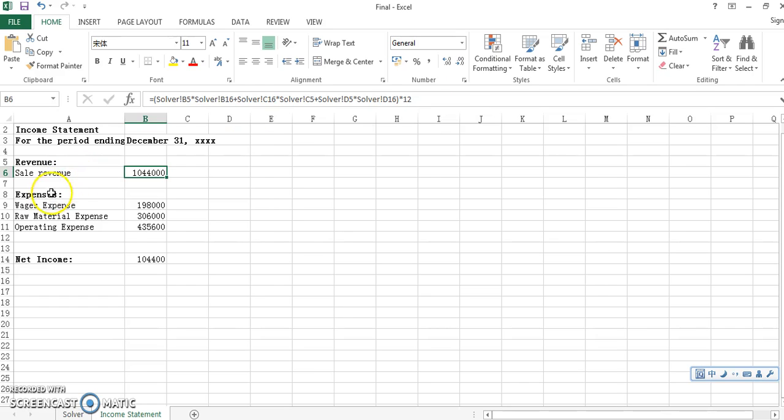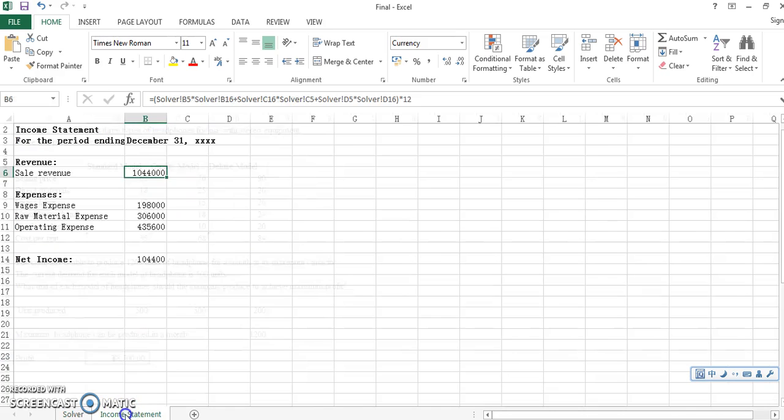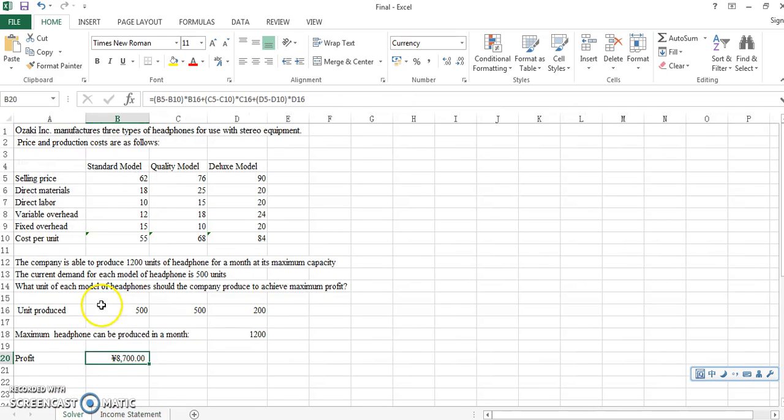And there are three expenses: the wage expense, the raw material expense, and the operating expense. The wage expense comes from the direct labor, and the raw material expense is from direct material.